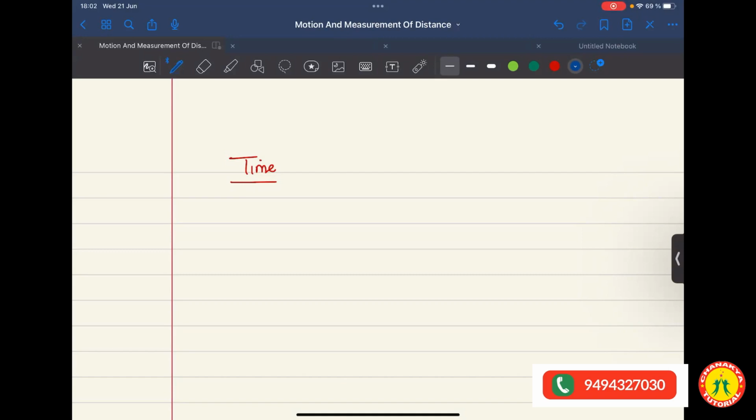It is a unit that measures how long it takes to do anything. Okay, very good. Unit that measures how long it takes to do anything. All right.